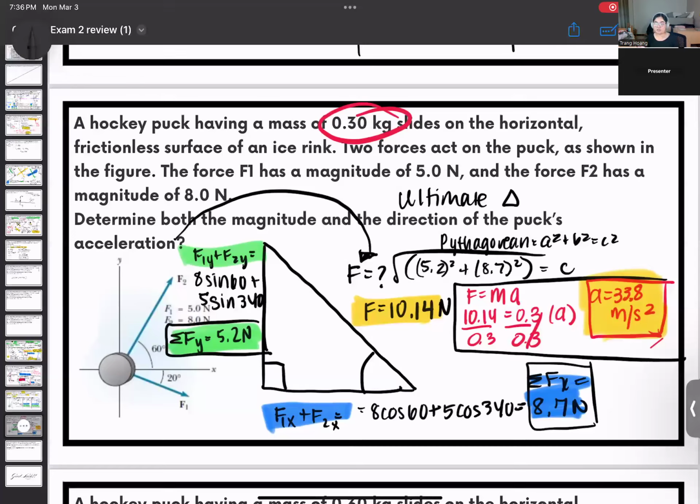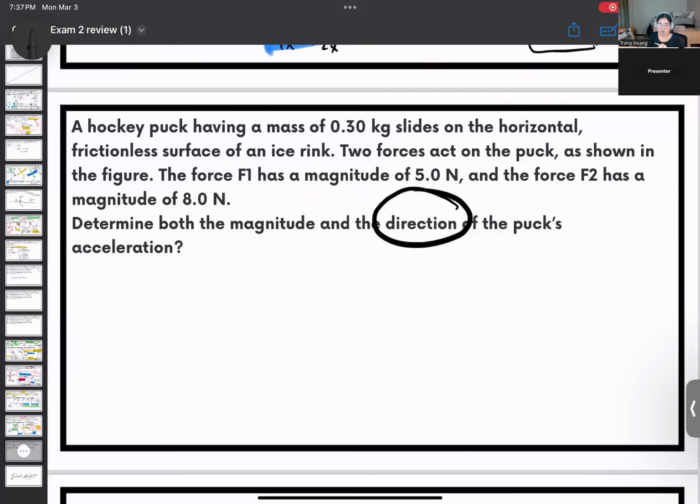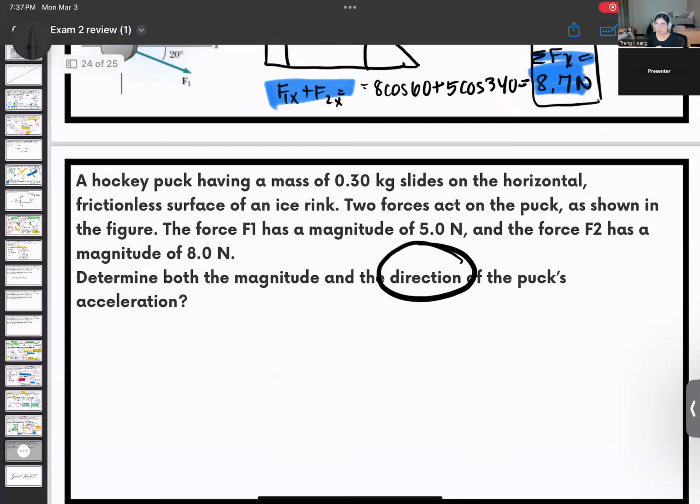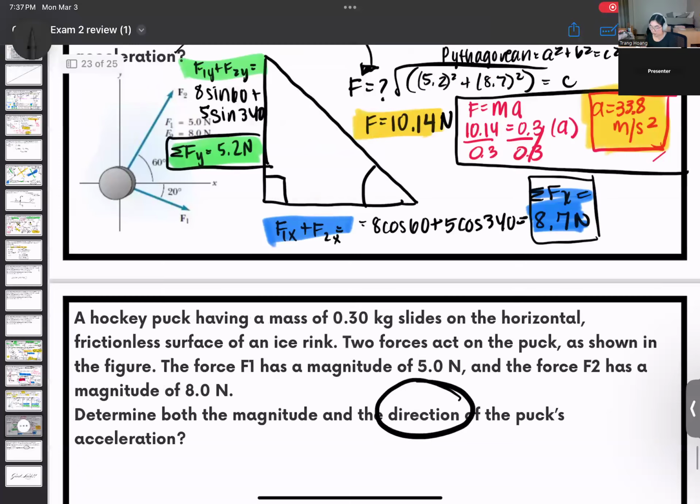We have acceleration, which is the magnitude, but we need the direction of this puck. And so we need direction. But I told you already, direction, we ball in, it's easy, okay? Actually, is it easy? Let me see. Let me figure this out. I don't think it's easy. Oh, fudge. Might have lied to y'all a little bit.